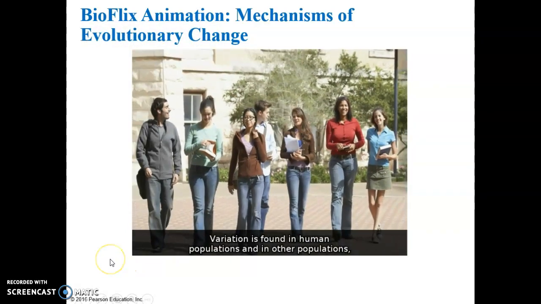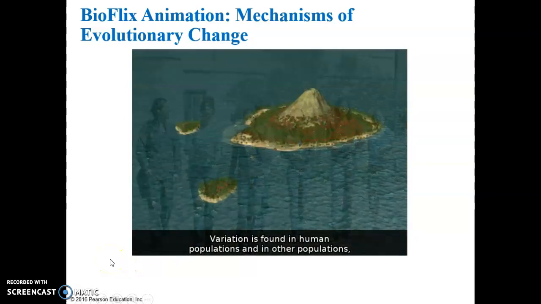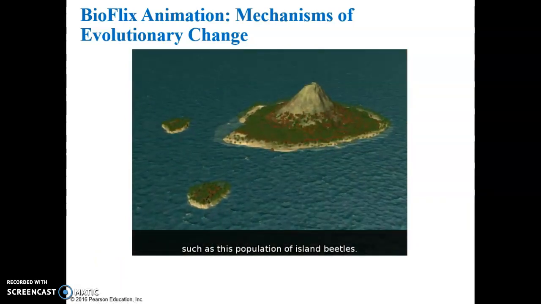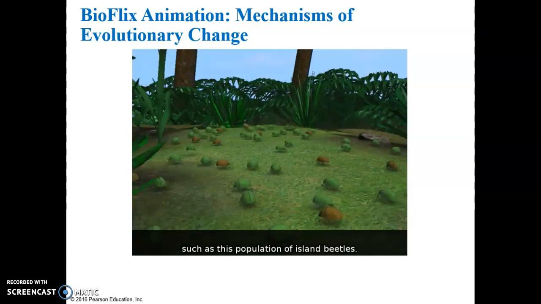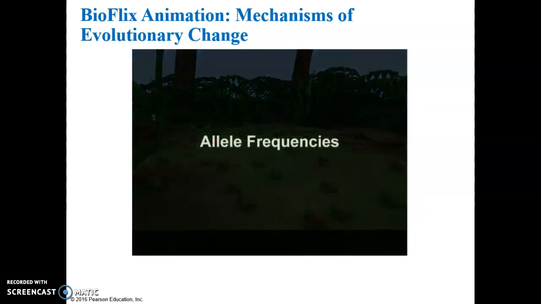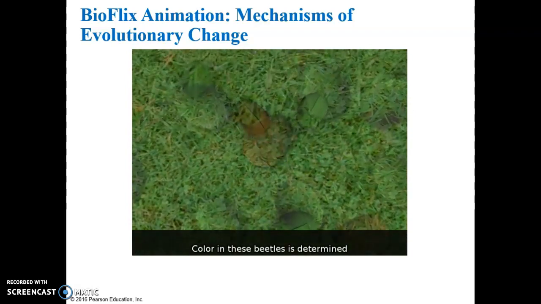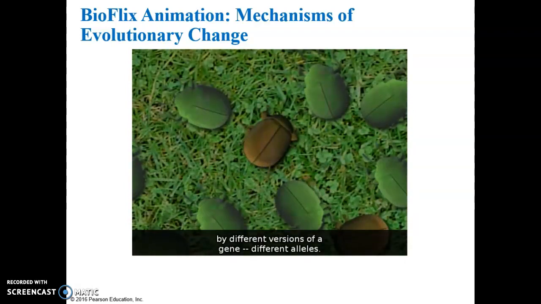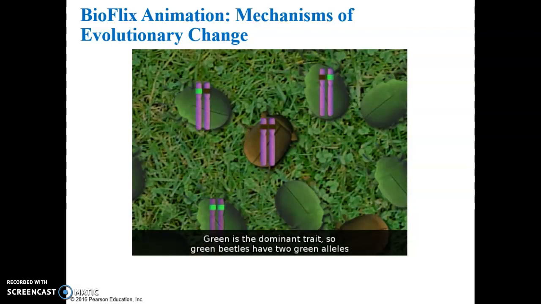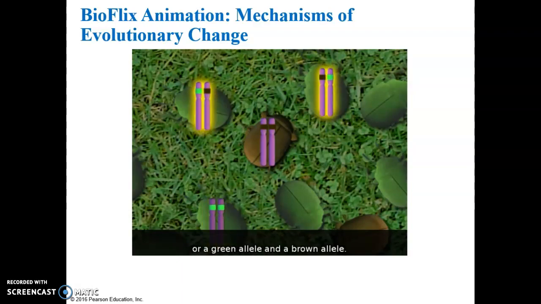Variation is found in human populations and in other populations, such as this population of island beetles. Color in these beetles is determined by different versions of a gene, different alleles. Green is the dominant trait, so green beetles have 2 green alleles, or a green allele and a brown allele.